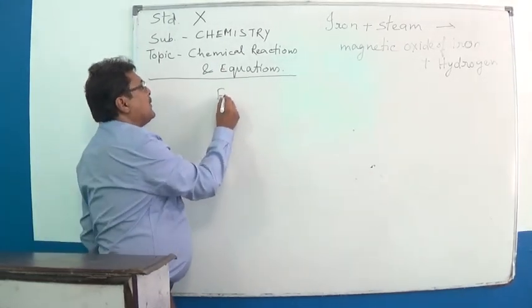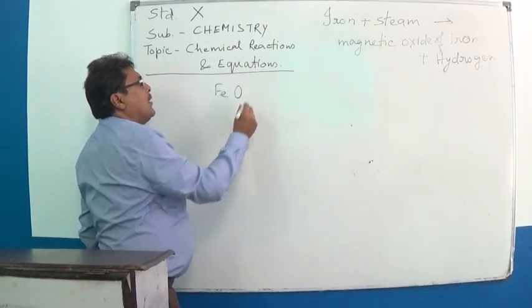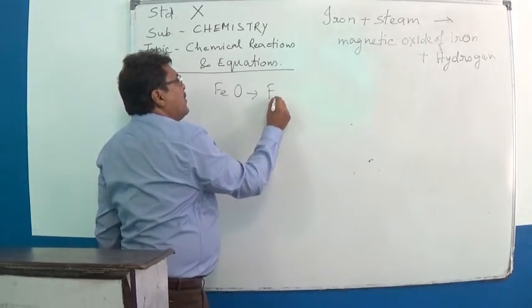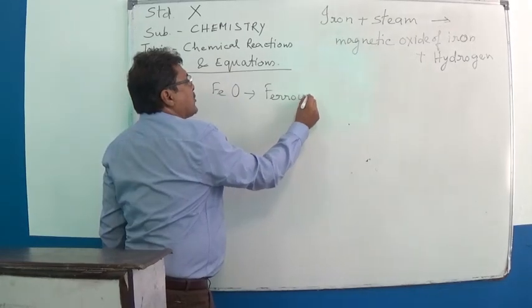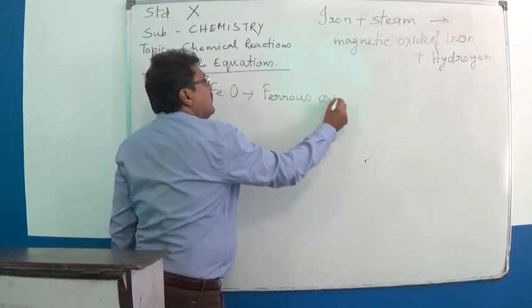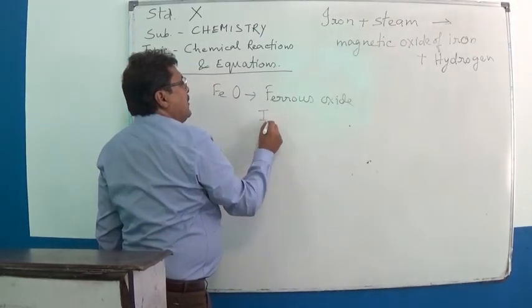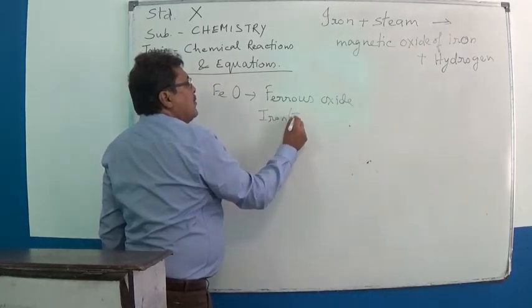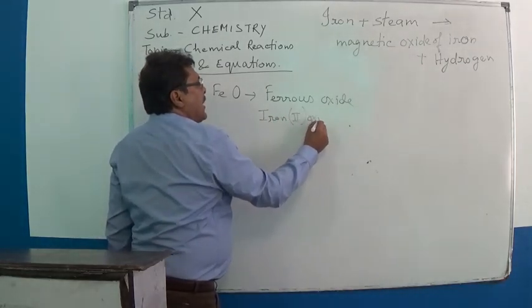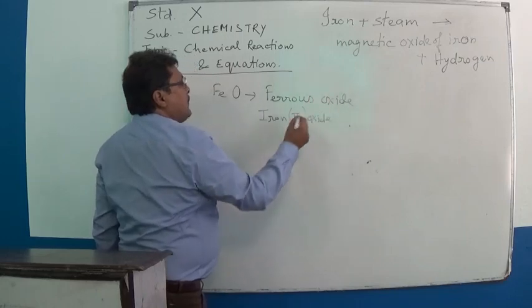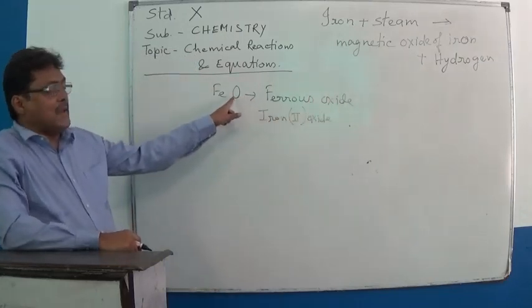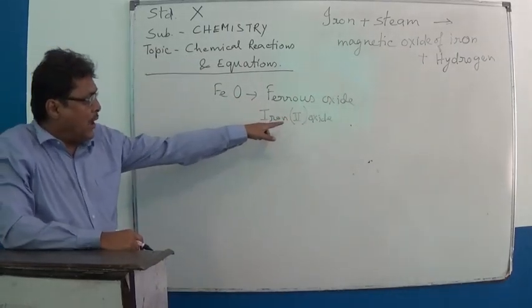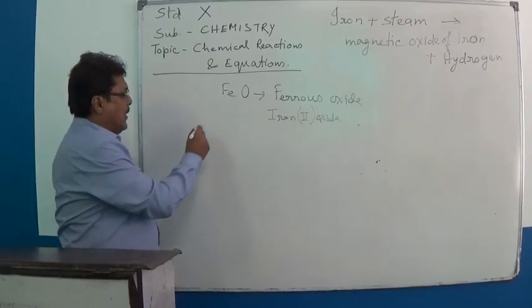One we call ferrous oxide or iron 2 oxide, because the valency of this is 2. That's why it's called iron 2 oxide or ferrous oxide.